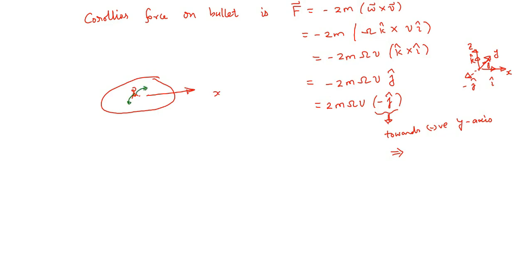So if the bullet is moving in the negative y direction, that means it goes towards his right hand. So this is his right hand, this is his left hand, and the bullet moves towards his right hand. So that's the point here.